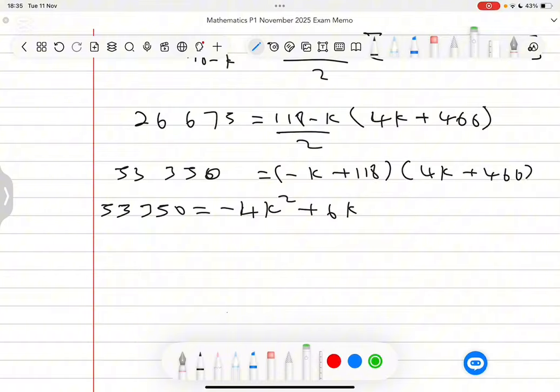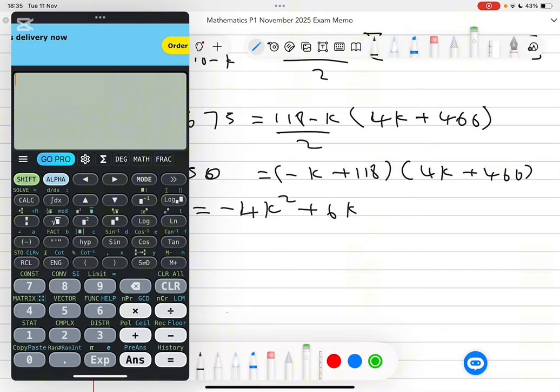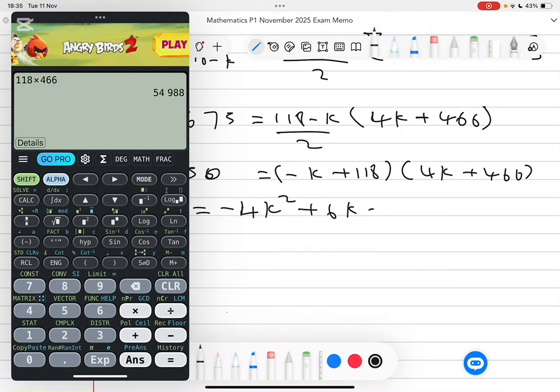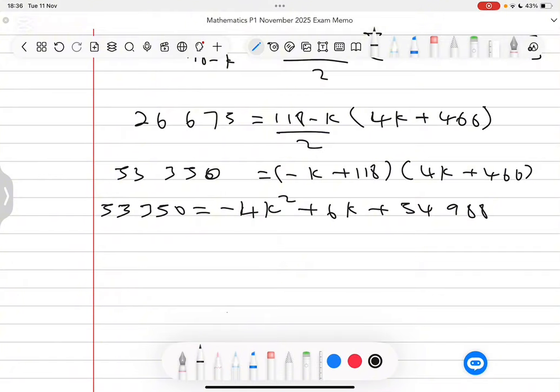And if we continue expanding, we are then going to say 118 times 466. I can use a calculator for that. 118 times 466, and that says I'm going to have here plus 54,988. Now from here we group our like terms.